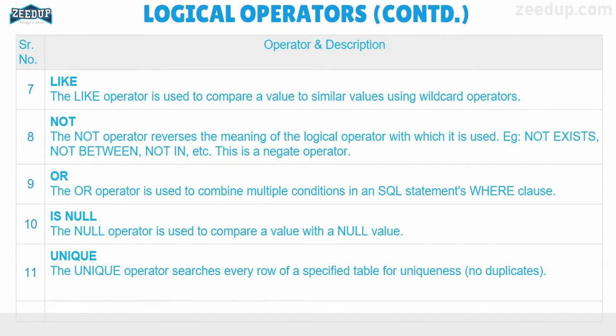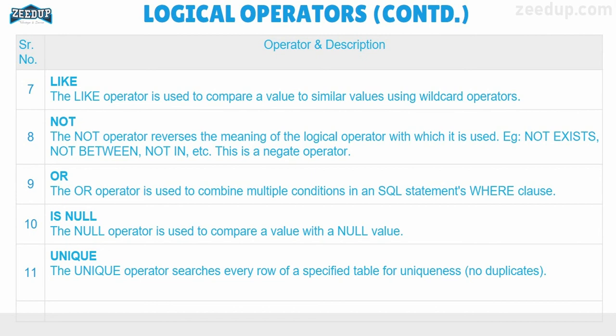This is where the like operator is used, that is, whenever we want to apply patterns over the data, then we can just use the like operator. How are these patterns used? What are these wildcard characters? We will learn it all in the upcoming video lessons.